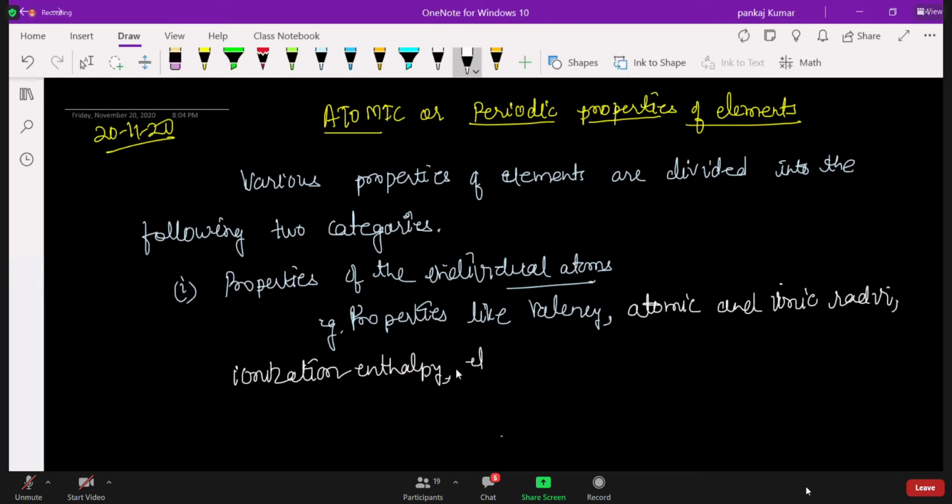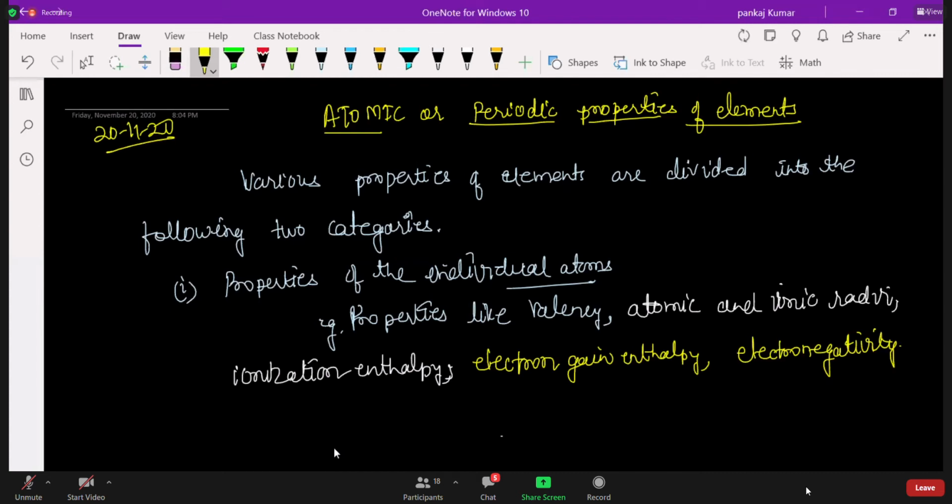And electronegativity. So these are the properties of the individual atoms. Electronegativity. All of these we are going to study, right?